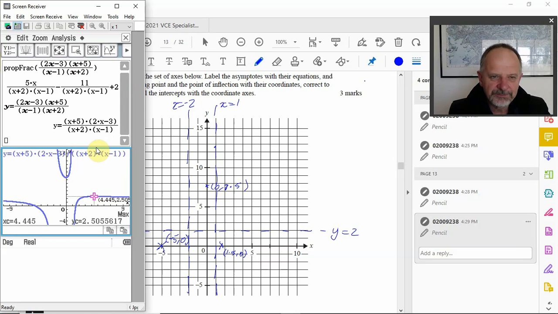There's one there. 4.45 and 2.505. Remember, 2 decimal places is what we were looking at. All right, so 2 decimal places is 4.45 and 2.51.